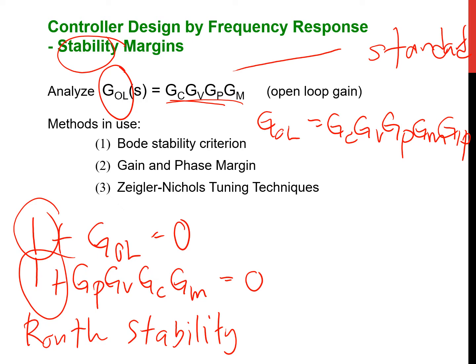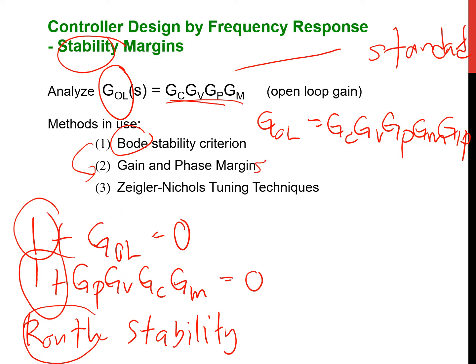In order to measure the stability, we use the following criterion known as the Bode stability criterion. Before this, you used the Routh stability, but here we just use the Bode stability criterion. In this Bode stability criterion, we have what we call gain and phase margins.